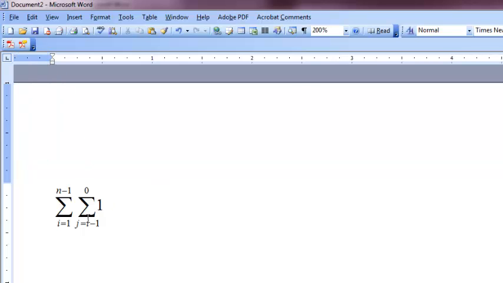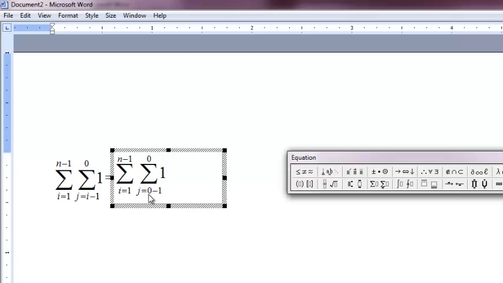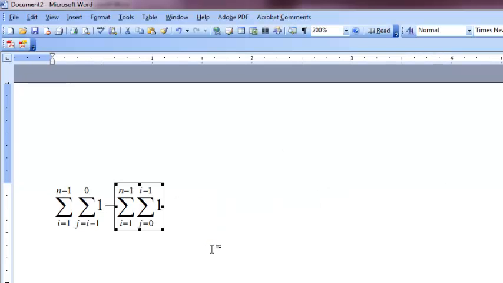Okay, now as I said, the upper limit and lower limit could be rewritten like this, because the upper limit has to be always greater than the lower limit. Okay, so I could rewrite like this.